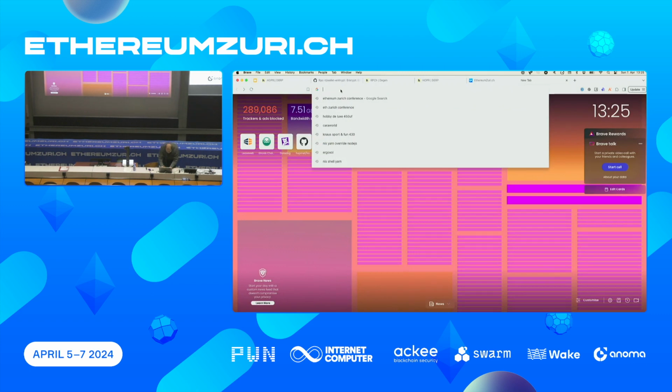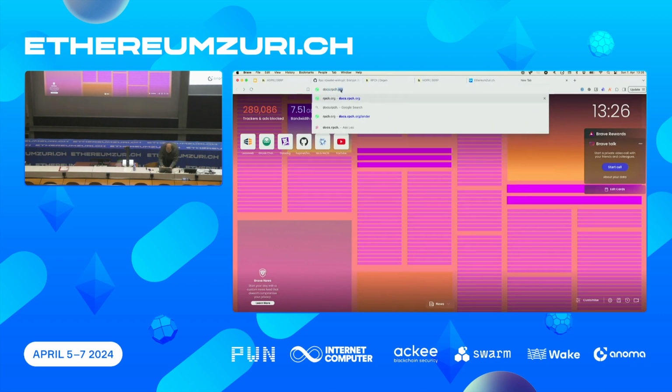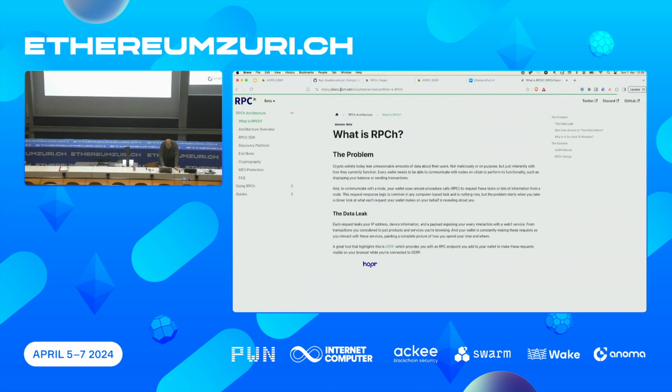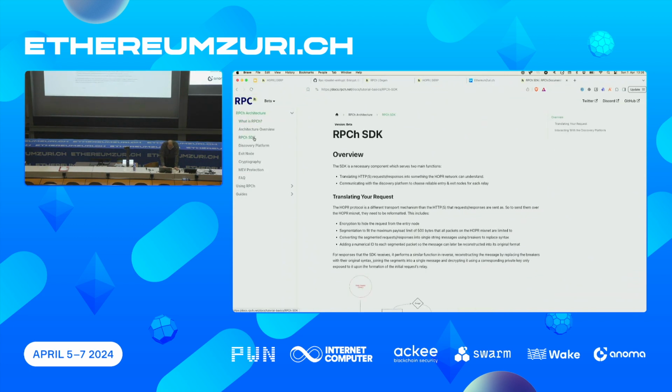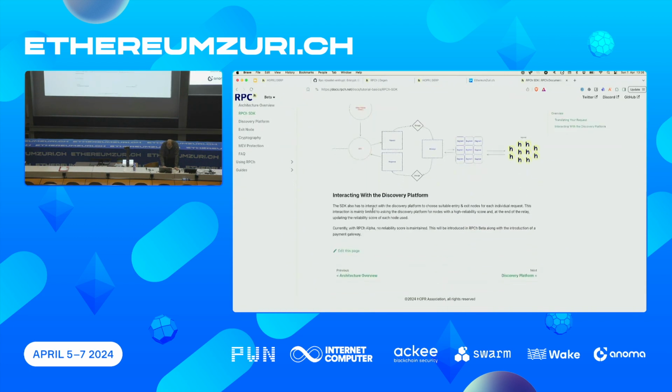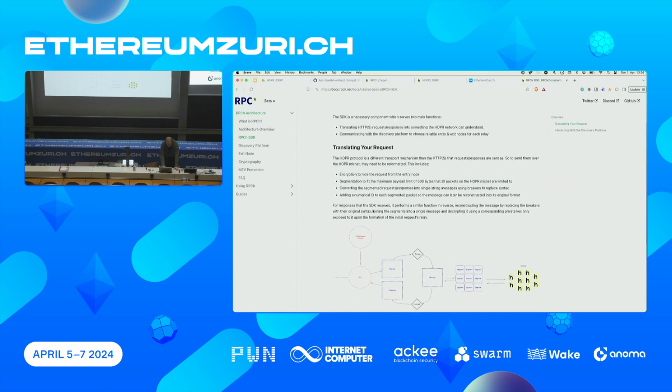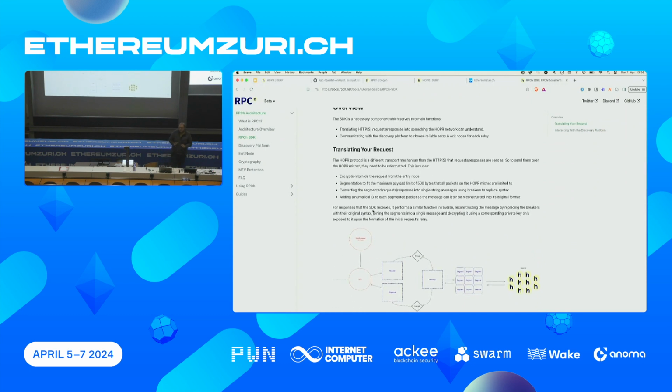Yeah, that was the wrong domain. Right. In the documentation, you can also find lots of background information on the architecture of RPCH, which I'm not going to cover today. If you're interested in all of that, feel free to look at the documentation or talk to me afterwards. I'm happy to tell you more.